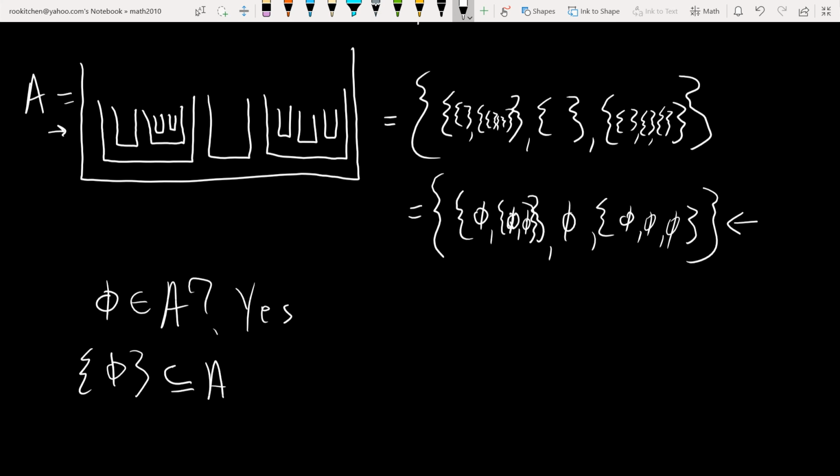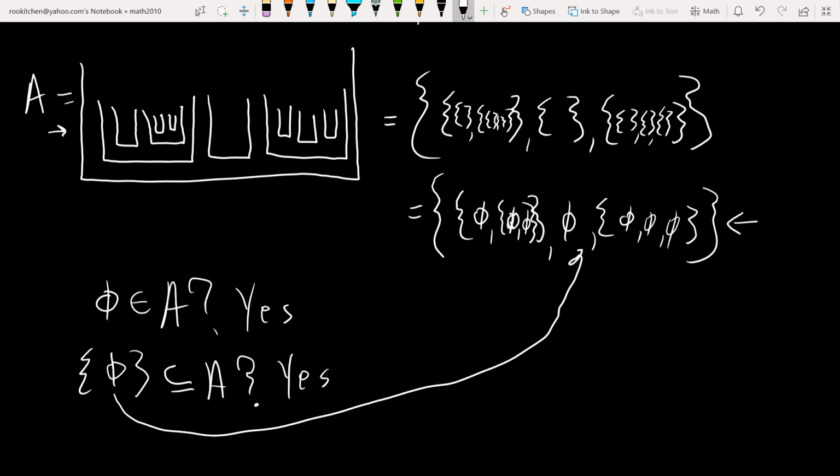Let's go with that. And yeah, it is. Where is it? It's this guy right here. So a subset of this set is the set that just contains that null set. Sorry if I misspoke there.